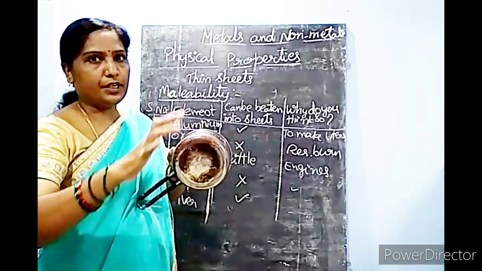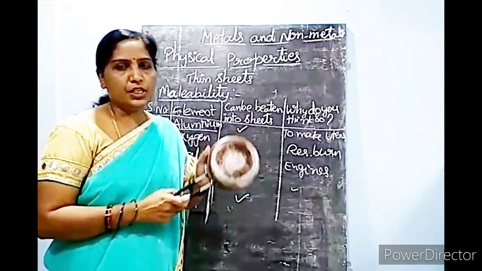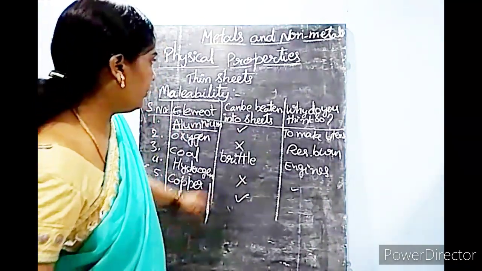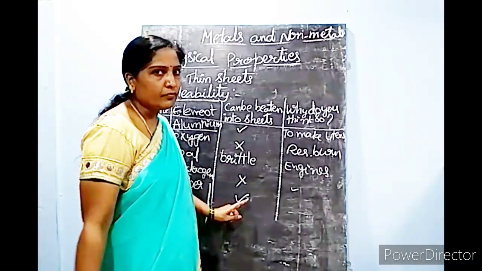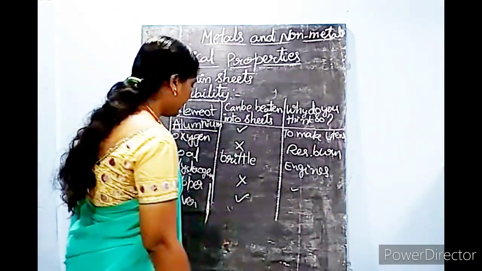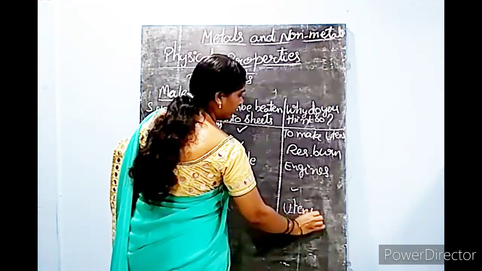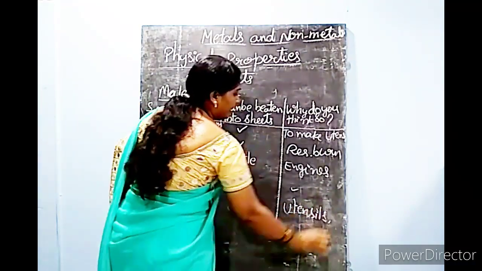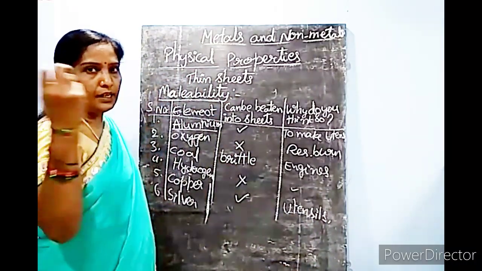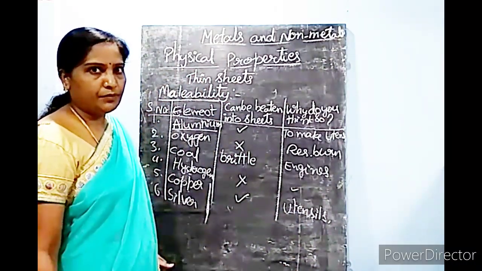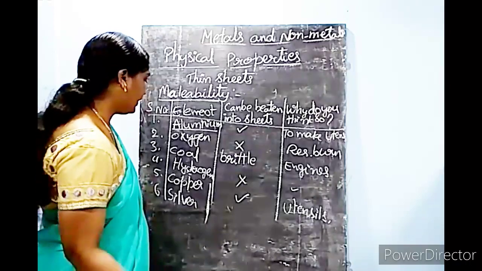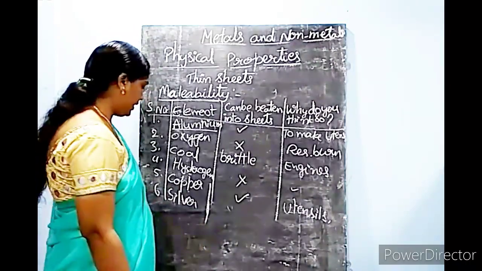The copper is spread like a sheet and arranged there. And what do we use it for? To make utensils, and also to make electric wires. Inside the wire we use copper wires. That we'll discuss in another property.